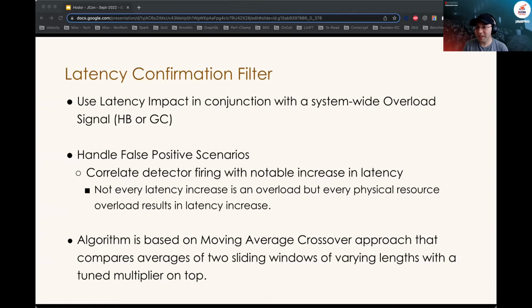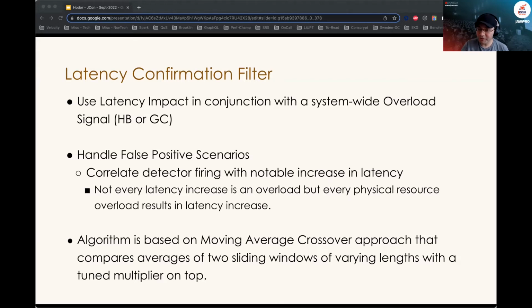However, we realized that we need to be future-proof, and hence we have decided to build a confirmation filter that can work in conjunction with a system-wide overload signal. The KPI that we have used here is average latency. And one of the things that I want to point out here is that not every latency increase is an overload, right?